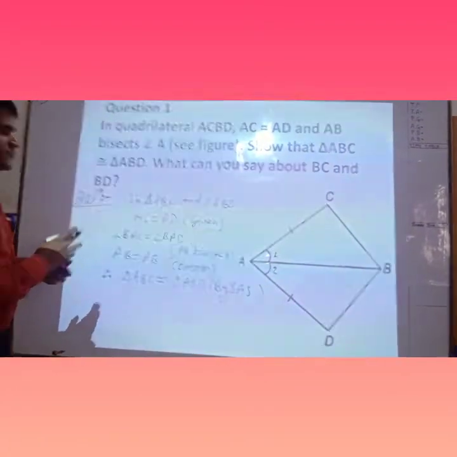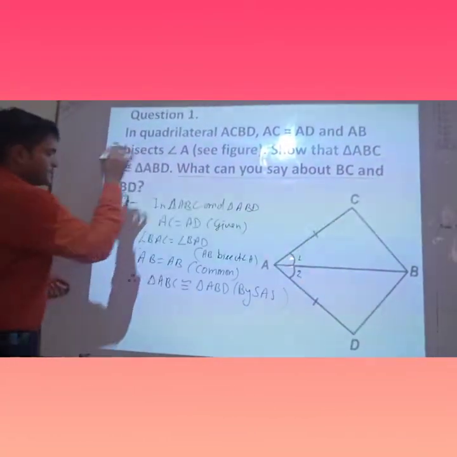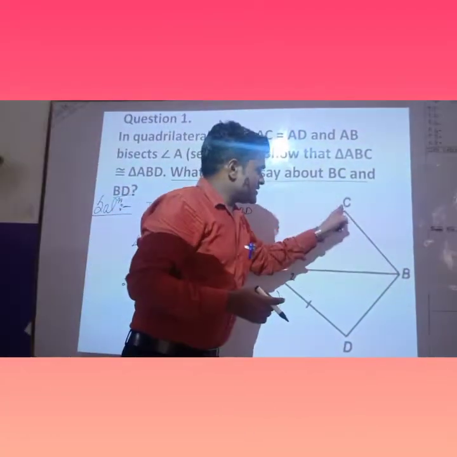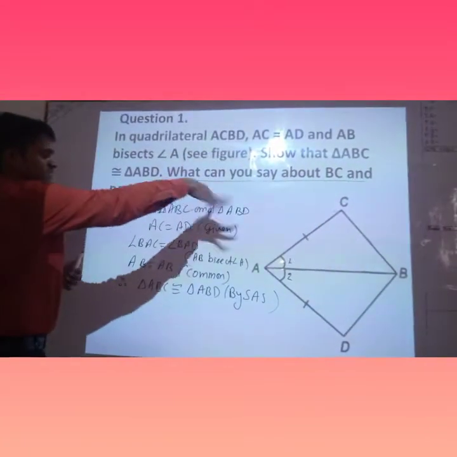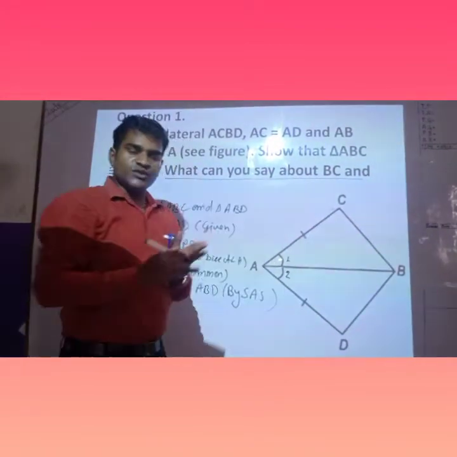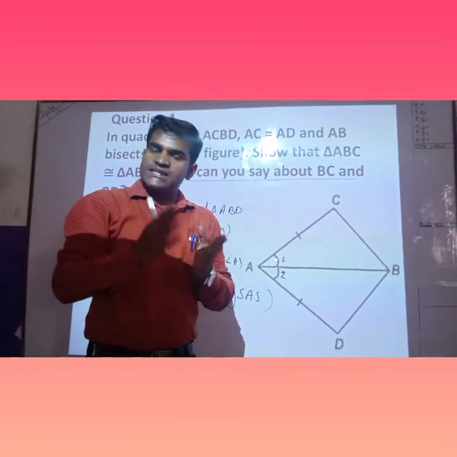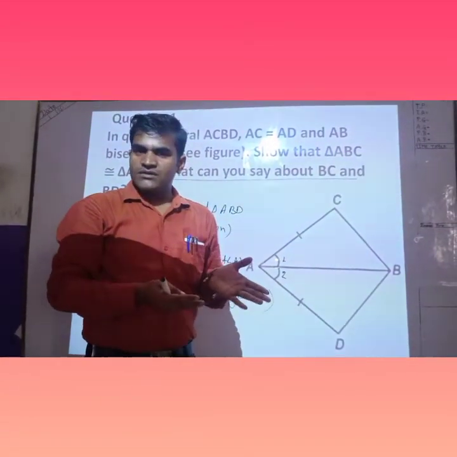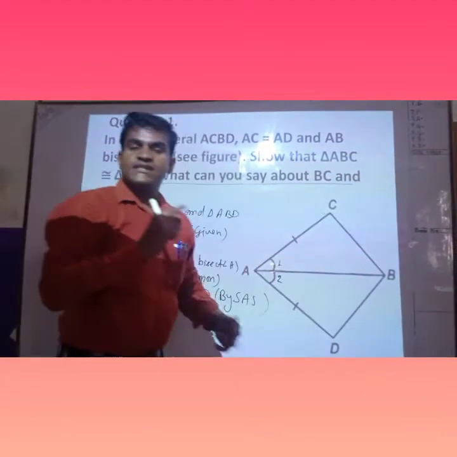But here one more thing is asked: what can you say about BC and BD? BC and BD are sides of the respective triangles ABC and ABD. So children, as we know, if the triangles are congruent, their corresponding parts are equal. It means BC is equal to BD by CPCT.